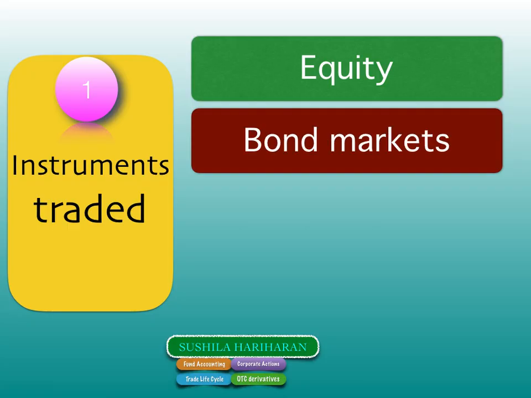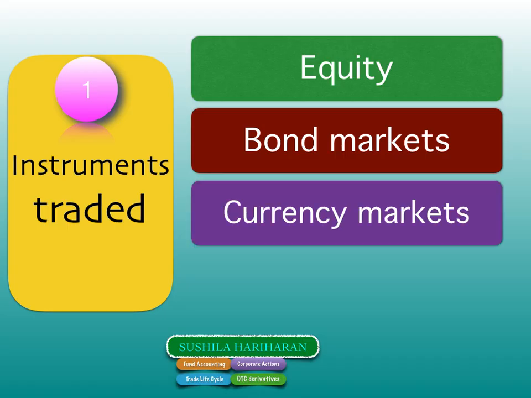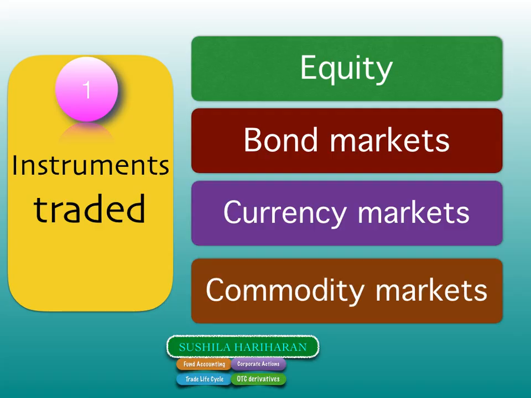The bond markets are markets where fixed income securities, bonds are traded. Currency markets where foreign exchange is traded. The largest currency pair traded in the world is USD EUR. That's the dollar euro pair. And then we have the commodity markets as well, which are extremely global and volatile in nature.